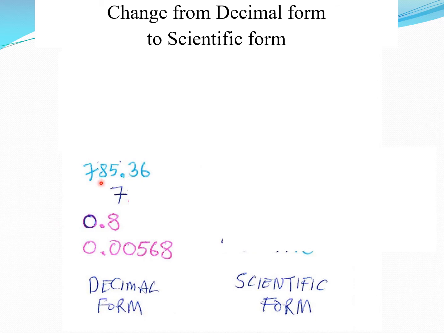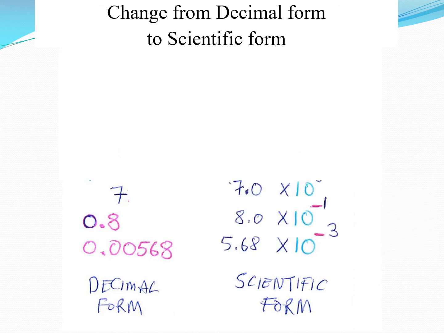The next one is 785.36. Again, it's a figure bigger than 1, so it's by 10 to the power of a positive, and the decimal place gets moved 2 places. So 7.8536 by 10 to the power of 2. Then we take the next ones together.